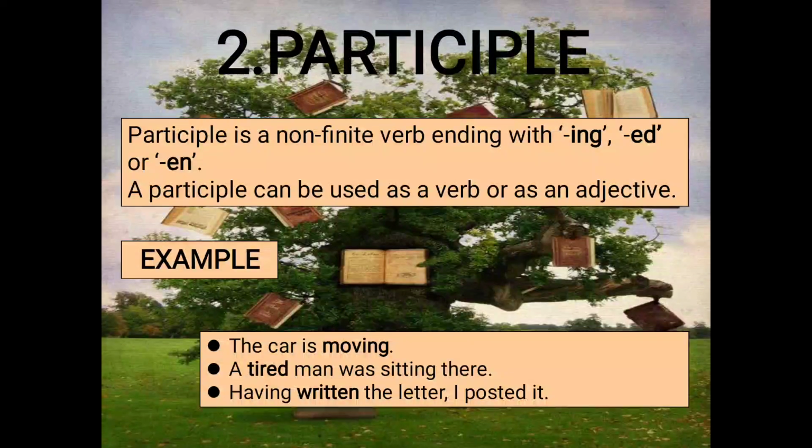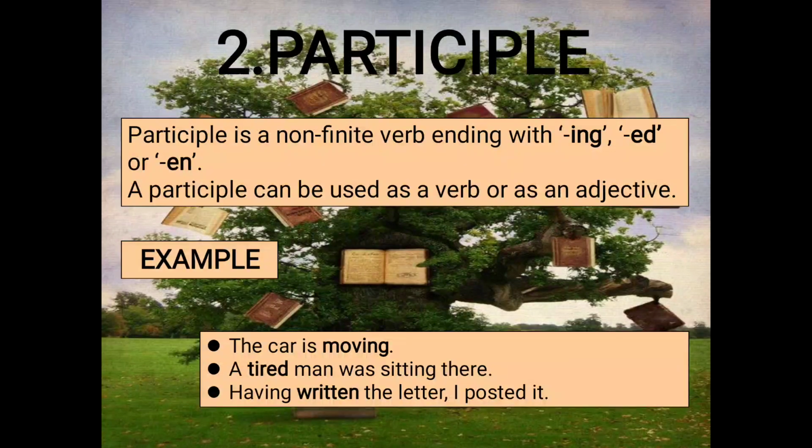Second part of non-finite is participle. Participle is a non-finite verb ending with ing, ed or en. A participle can be used as a verb or as an adjective. Let's see its example. The car is moving.